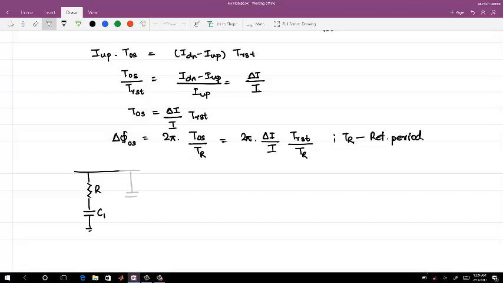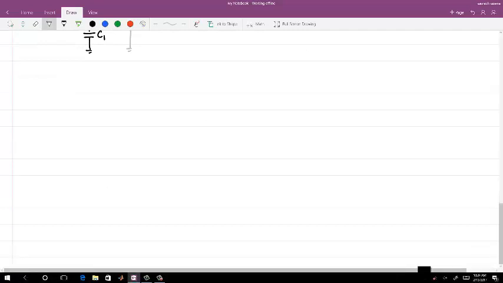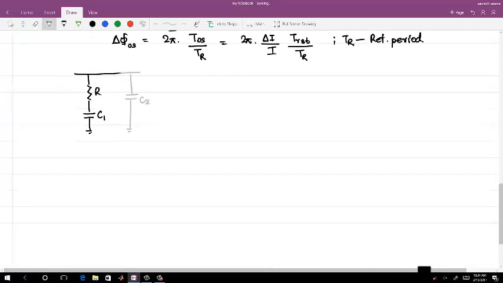Right now we are not considering the other capacitor of the type 2 PLL. C2 right now let's not consider, so it will be easier to understand. So I have ICP going into the loop filter, and this is the control node. Okay, so what do I have at ICP in lock state due to mismatch?